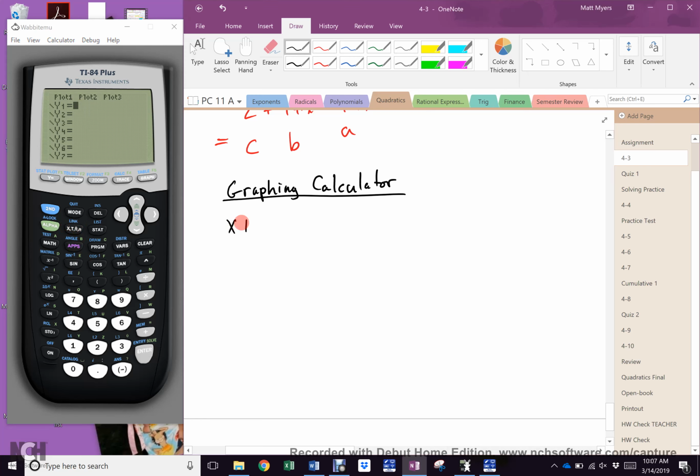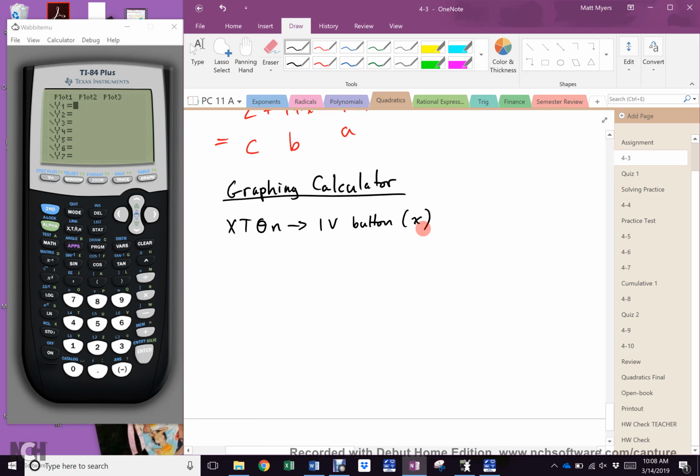So X, T, theta, N. That is your independent variable button. Or, for what we've been doing in class so far, that is the button that will give you your X. Because up till now, we've only been using X and Y, and X is the independent variable. Everybody understand? Everyone's good? Yes. All right. Everything else is normal.